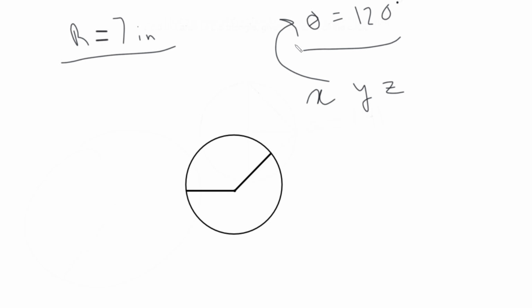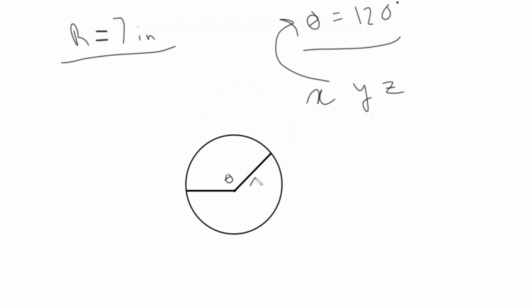Since theta is a variable like x, y, and z, we don't need to do anything special for it. Let me put the symbol here. It's kind of hard to draw like this. So this is theta, this arc, and the radius is 7 inches.